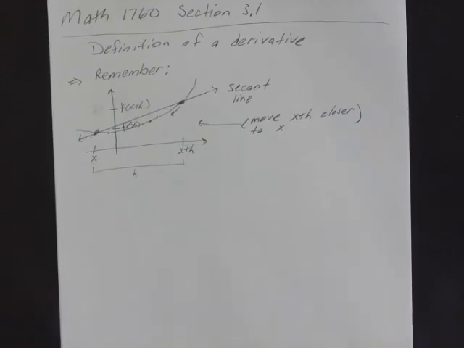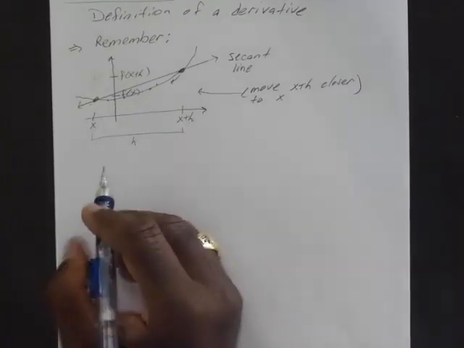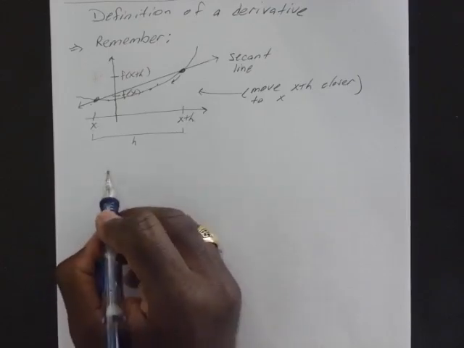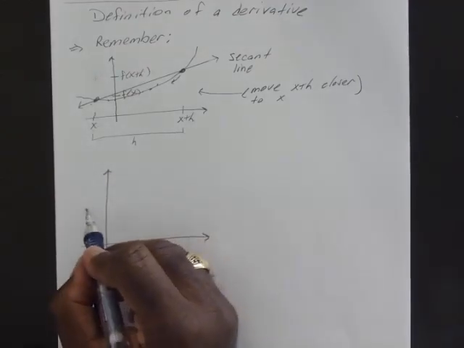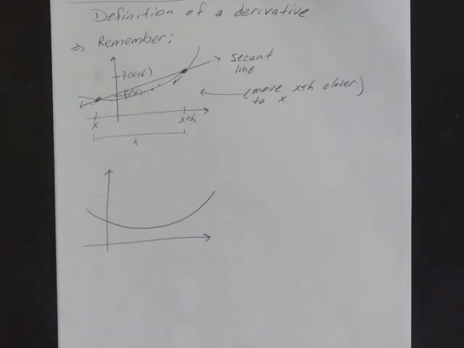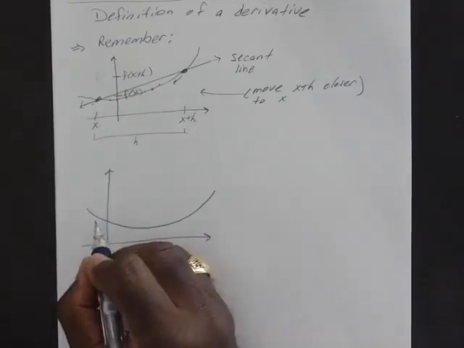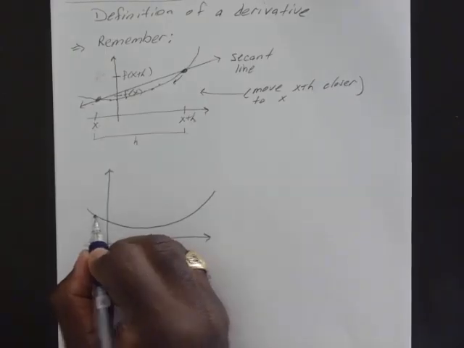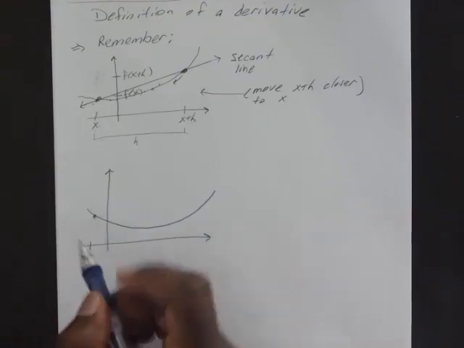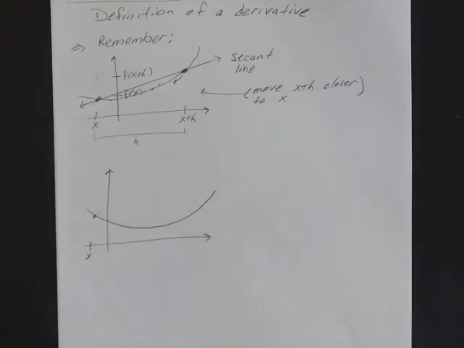If we do that, then you'll have the very same graph, but your x would be right here. And your x plus h, I'm going to give it a little bit of space, but just imagine it almost infinitely close to it.